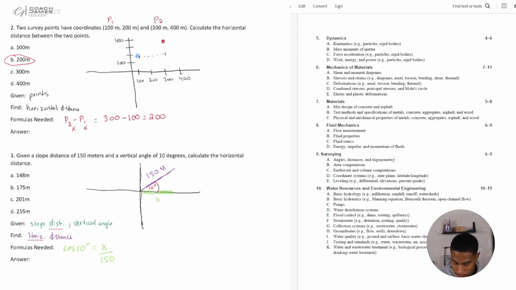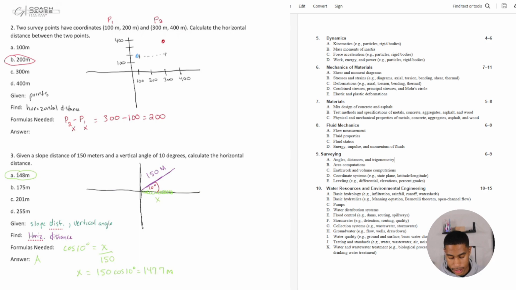So X is what we're solving for, which is the horizontal distance. So X is equal to 150 times the cosine of 10 degrees, which when we put that in our calculator, you should get 147.7 meters or 148 meters. That's what it rounds up to be.